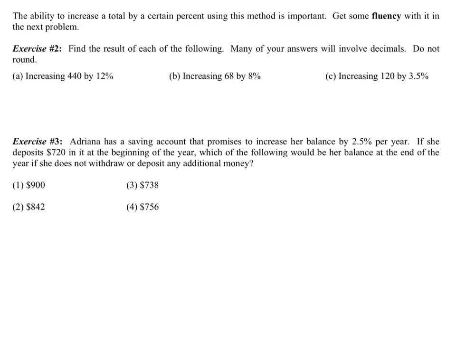So this is what I was just talking about. So we're going to increase 440 by 12%. So we're going to take 440, and instead of multiplying it by 0.12 and then adding it later, we're multiplying it by 1.12. And this gives you 492.8.